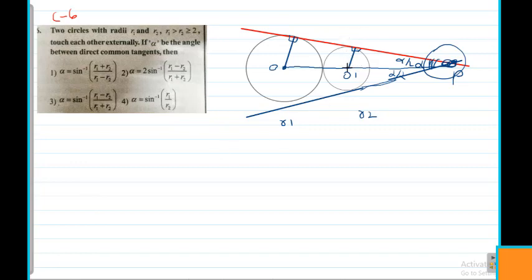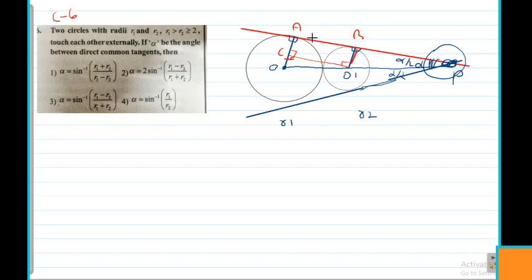Do one thing. From O dash, draw a perpendicular on this radius. Observe here 90, here 90, here 90, so it is a rectangle. This is R1. I want to name this A, this B, and this C. So what, Nana?